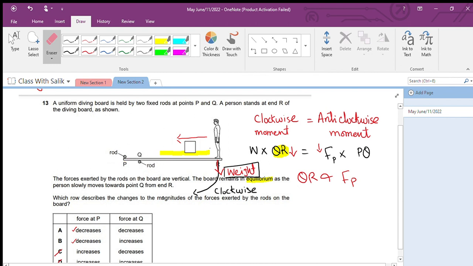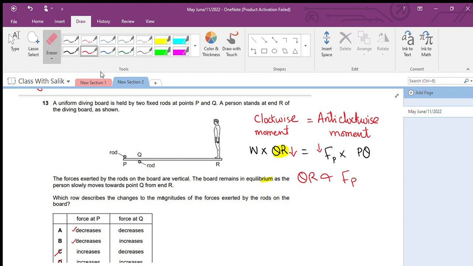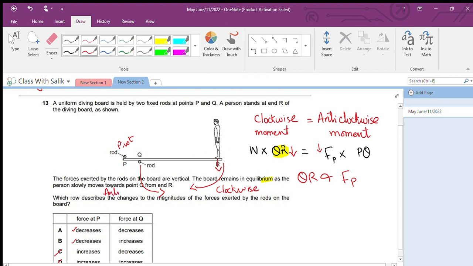So let me erase everything. Again, the weight is acting downwards, causing a clockwise moment, and we are considering P as pivot, so obviously the force at P we will ignore, and the force at Q will be downwards and it will cause an anti-clockwise moment.